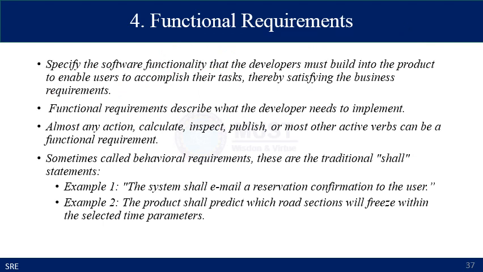The most important part is the functional requirement, which specifies the software functionality that the developers must build. Now the focus has changed to the developers, that is, what they should build in order for the product to meet the requirements specified by the user, or to enable users to accomplish their tasks, thereby satisfying the business requirement.